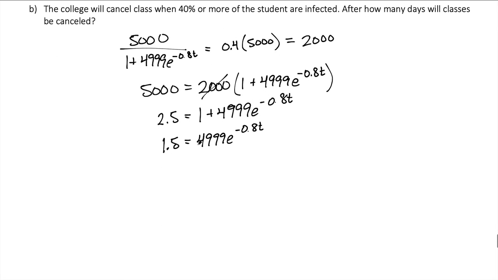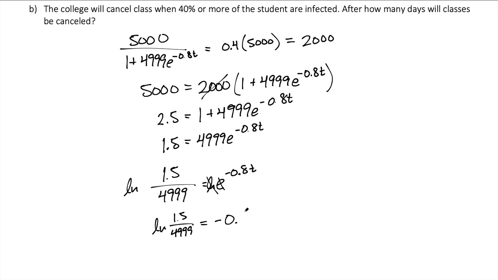Now dividing by 4,999, I've now isolated my exponential. And that's nice because once you've isolated your exponential, you can just use a logarithm to get rid of that base. So if we take the natural log of both sides, the natural log and the base e will cancel, and we've got the natural log of 1.5 over 4,999 equals negative 0.8 t.